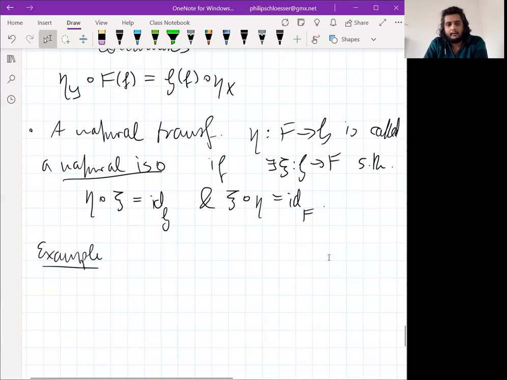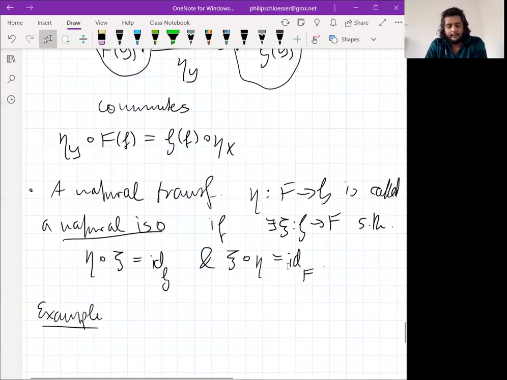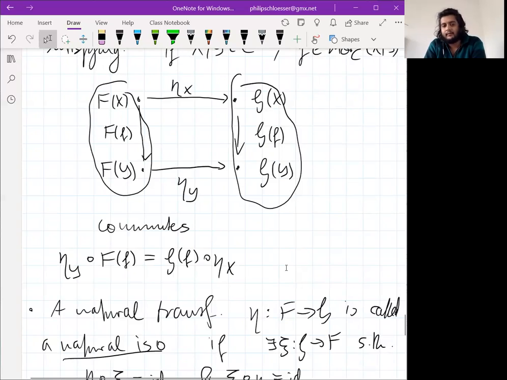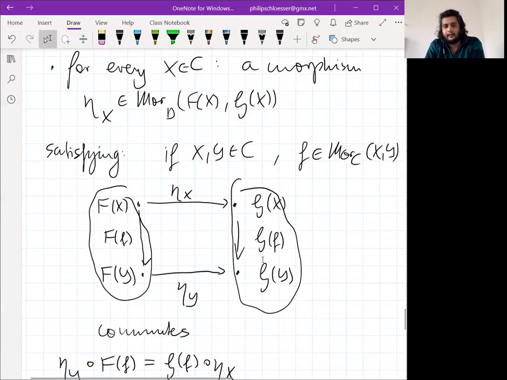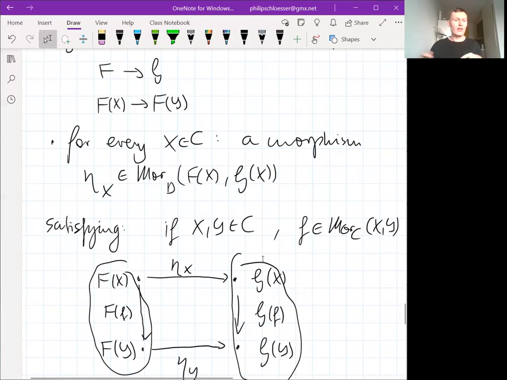I have one more question. That commutation relation, as you said, holds true for all x, y, right? That should hold for all x and y, yes. So you can say that this eta at the end of the day is independent of any subscript x or y, or would that be inaccurate? Well, you say eta is just the collection of all eta x for all the objects. Okay.